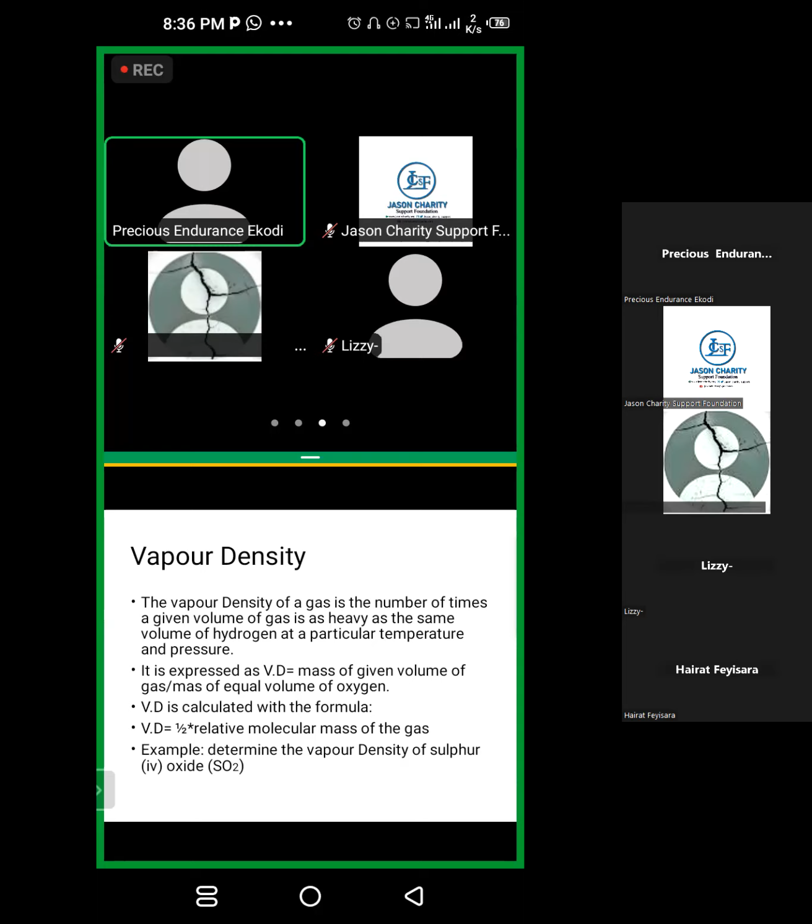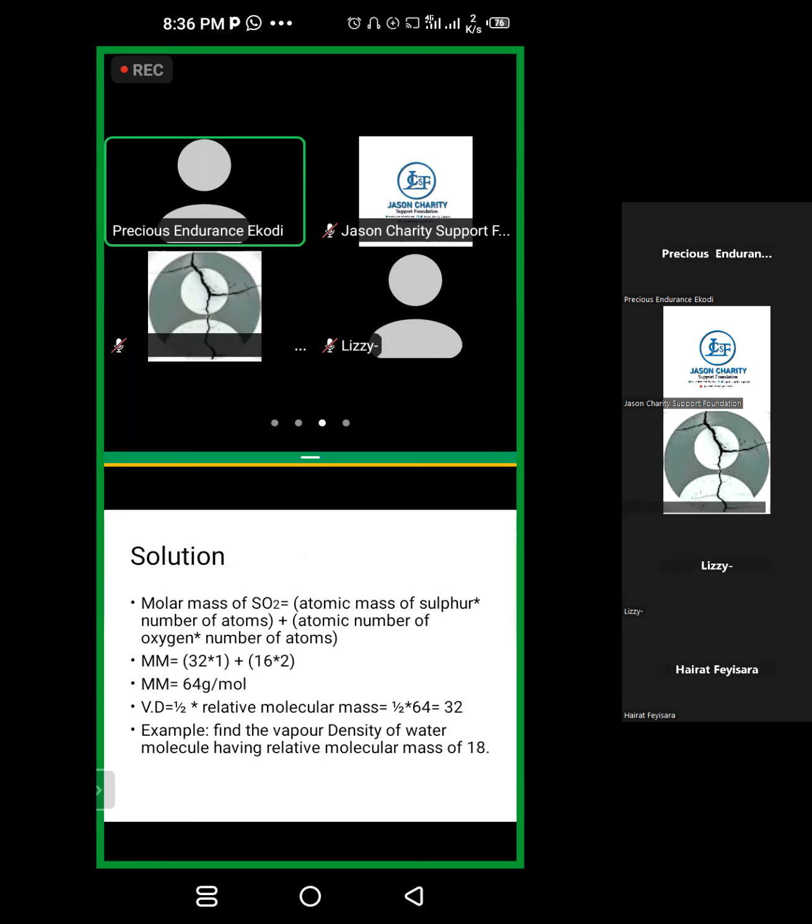So let's look at this example here now. Determine the vapor density of sulfur 4 oxide. The chemical formula for sulfur 4 oxide is SO2. So how do we go about it? Look at the solution here.